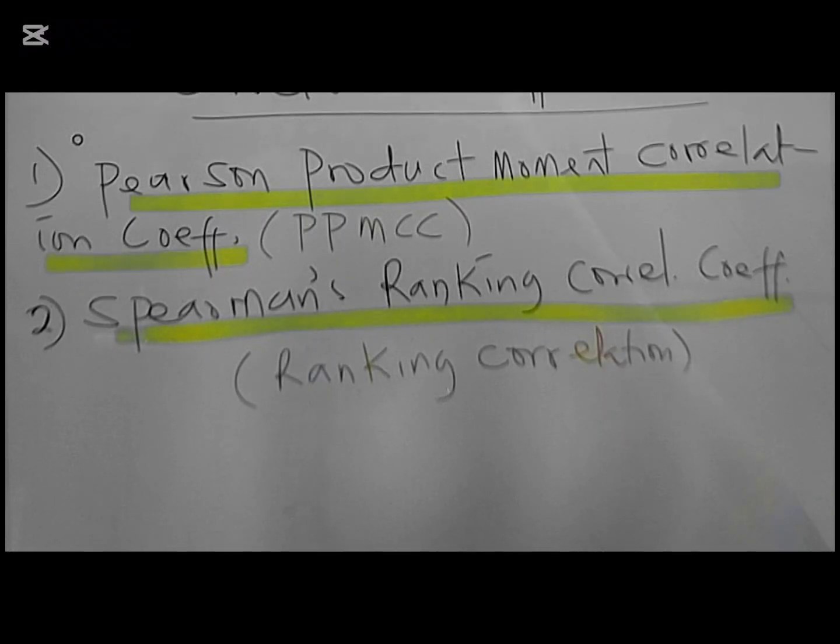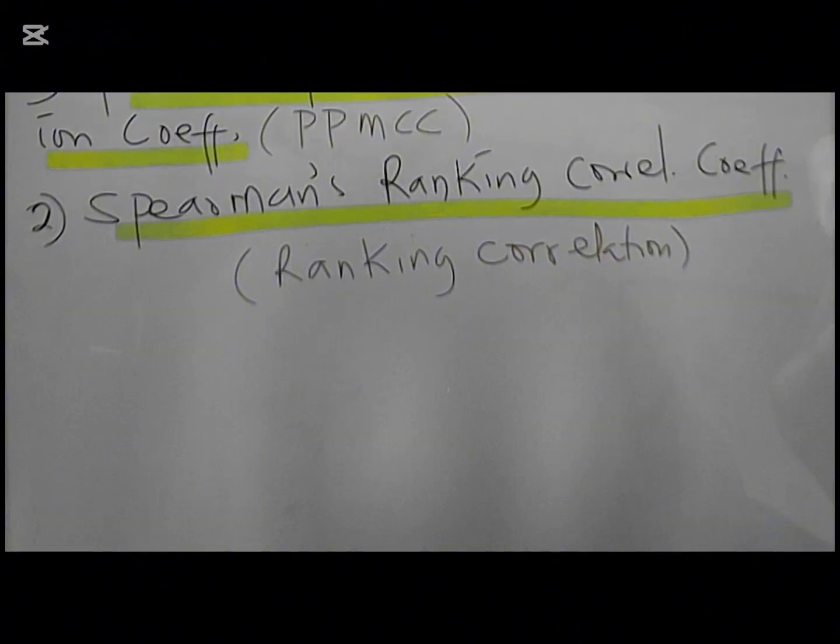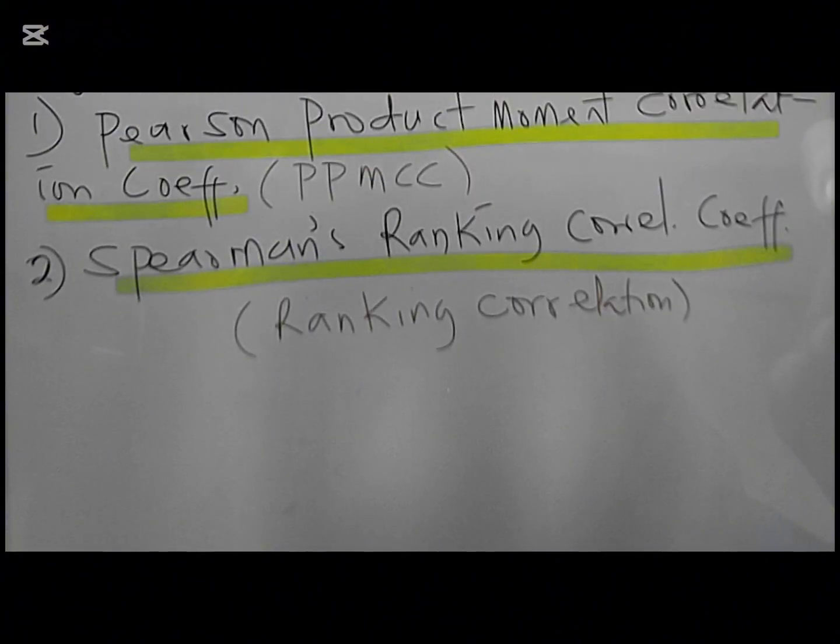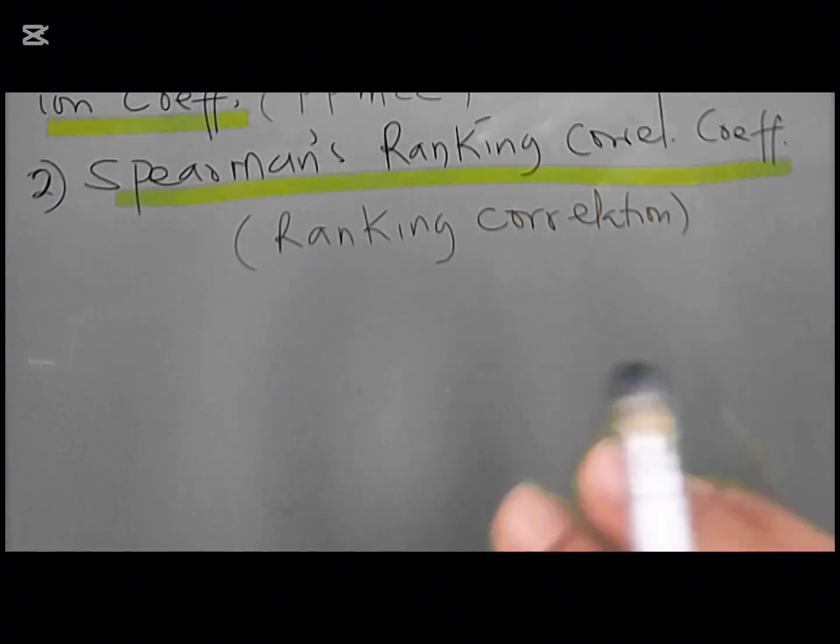Whenever the method is not specific in terms of calculating correlation, we use Pearson product moment correlation. Please take note. So now let's focus on the first one there, that is Pearson product moment correlation, okay.